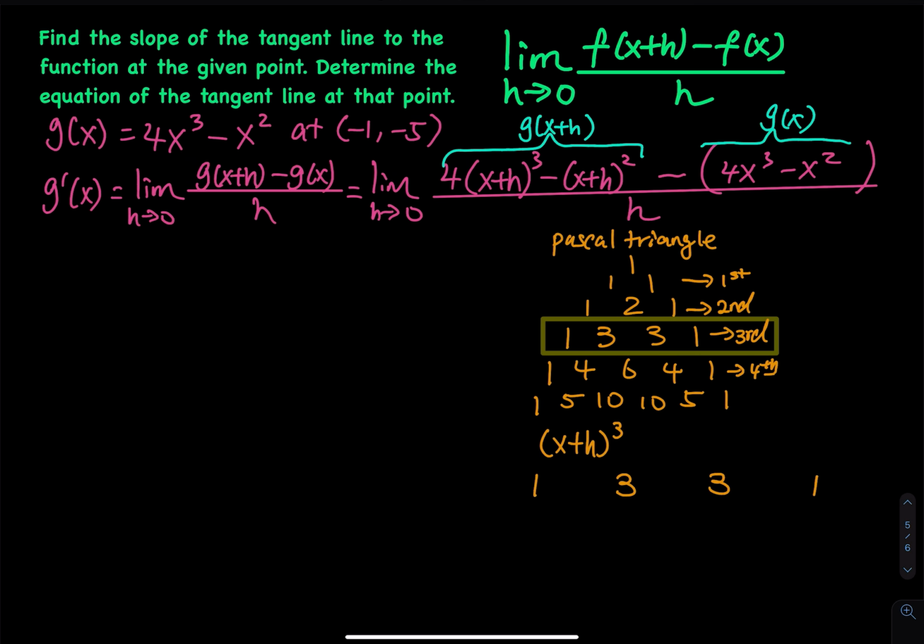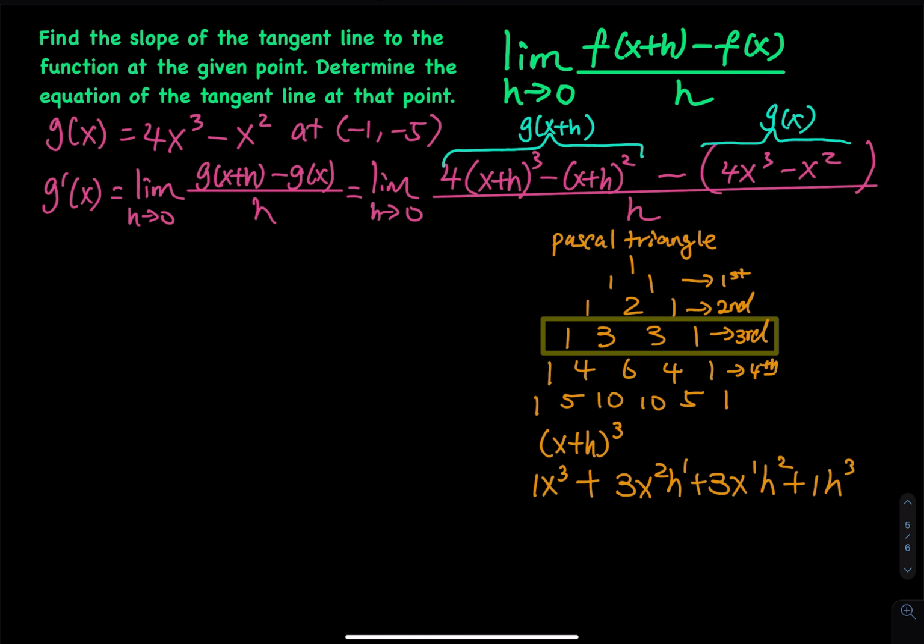And then the first variable, x, so that is x to the third power, and then x squared, x to the first, and then x to the 0 power, which equals 1, so you don't write x to the 0. And then h to the 0, h to the first, h squared, h to the third. Since this is a plus, then this will be all plus. So that's the expansion of (x plus h) raised to the third power.